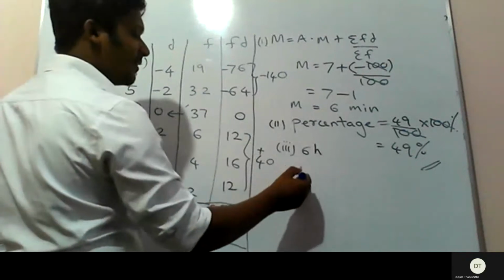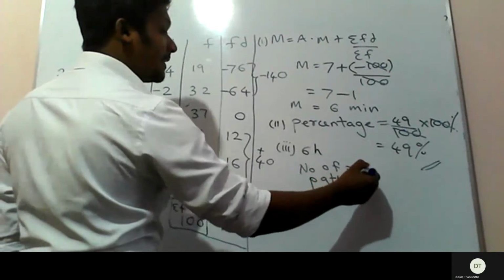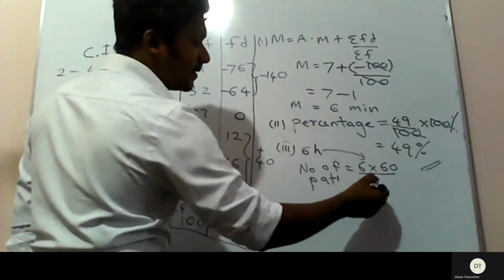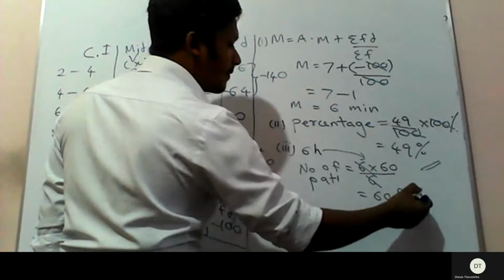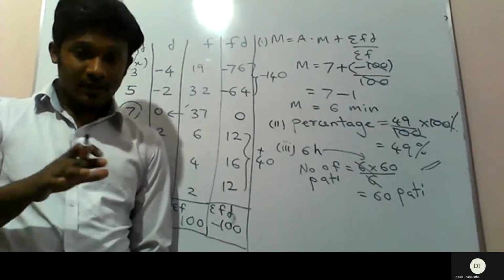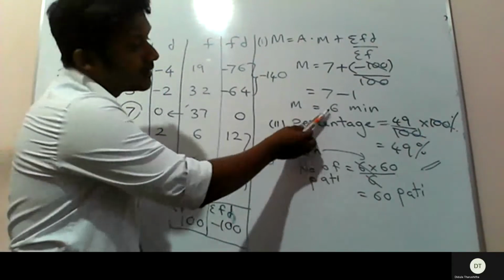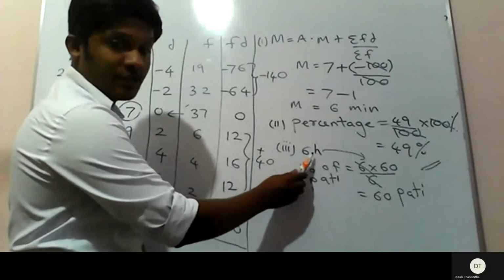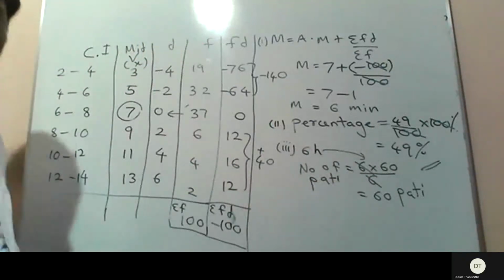Number of patients equals 6 times 60, because we have to convert 6 hours to minutes, divided by 6 minutes. 6 cancels, 60 patients. 60 patients is the answer. Right.